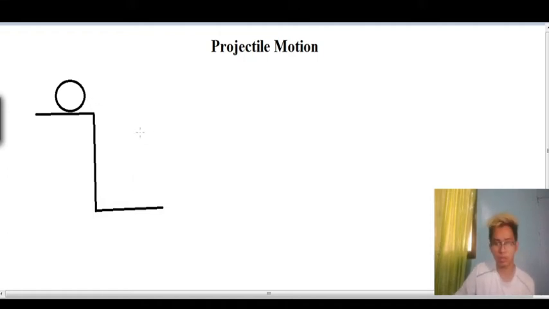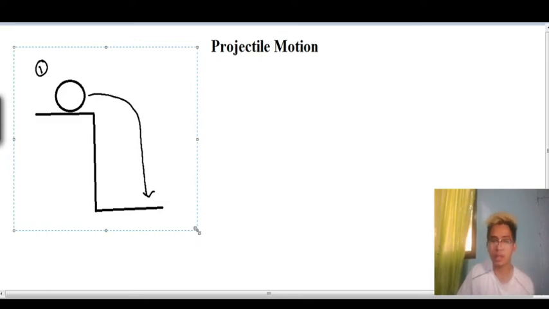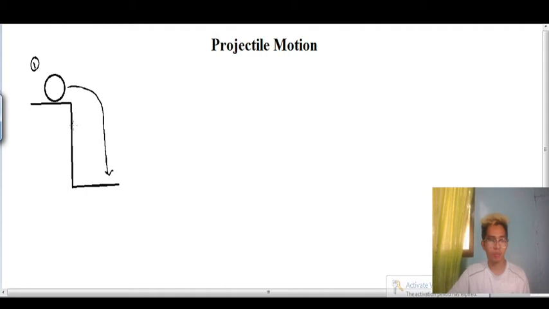So let me arrange it to make it more presentable. At a certain height, your ball rolls to the ground, and we look at the time the object takes until it falls to the ground.